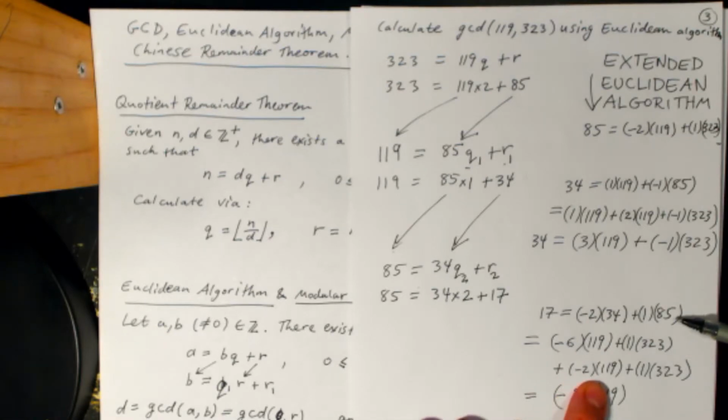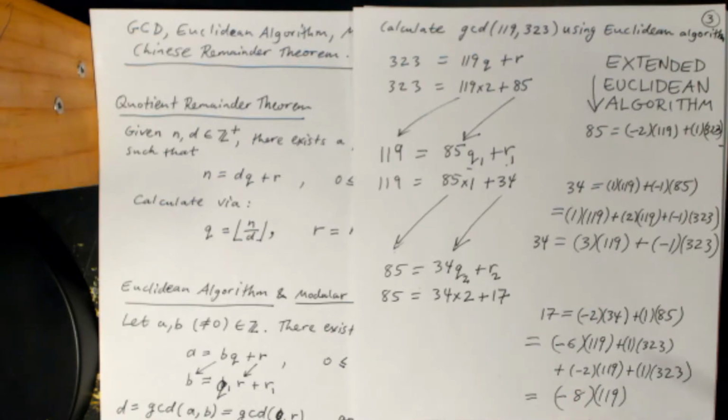So we subbed in 85. Okay, so 85. No, I believe that's right. Okay, good. So then we have 1 and 1 is 2 times 323.